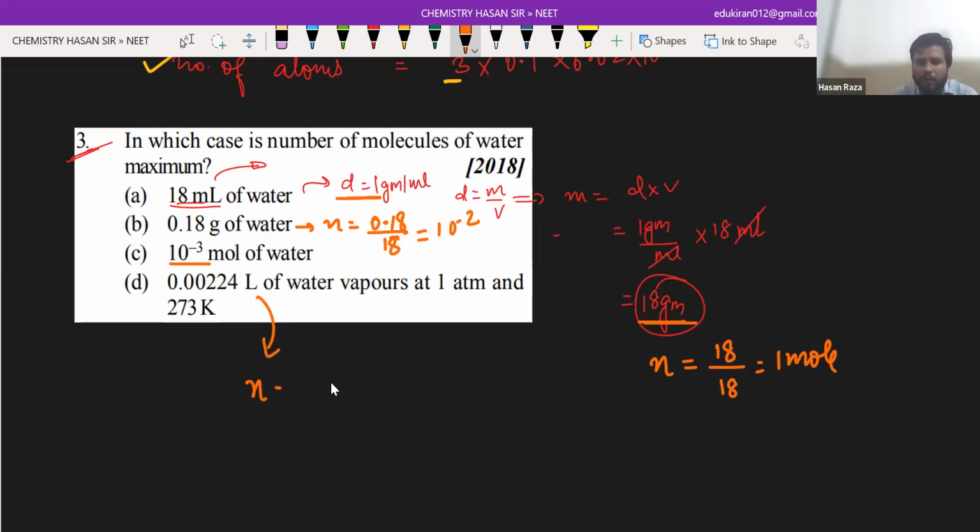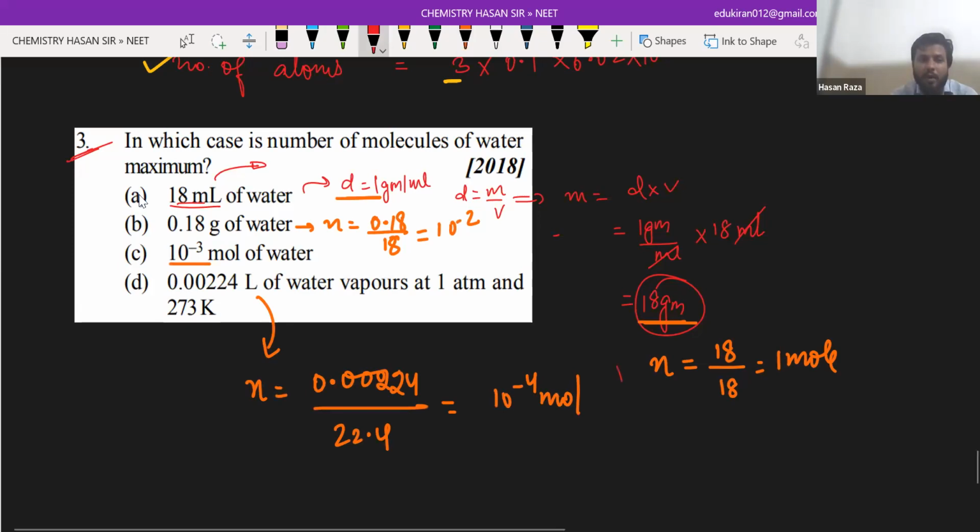And if you apply the formula given volume upon 22.4 liter, it will be 10 raised to the power minus 4 mole. So the water with the highest number of moles is the 1 mole. So A will be our answer.